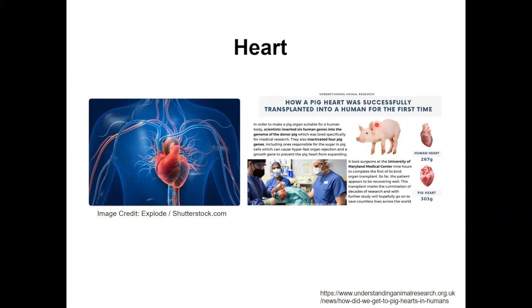Pig heart has been appreciated as the closest model to human heart, both by morphological and physiological similarity. And indeed, the first human who underwent heart xenotransplantation received a pig heart.